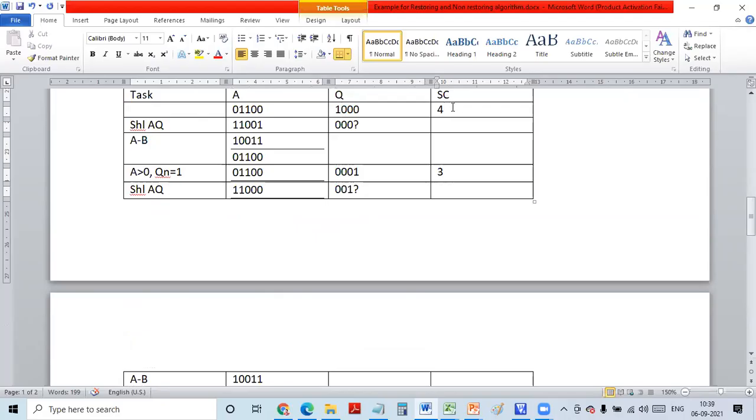So the sequence counter is 4, because we need to check these 4 bits in Q. Finally, Q holds the dividend, A holds the remainder, Q holds the quotient. This is your sequence counter 4.